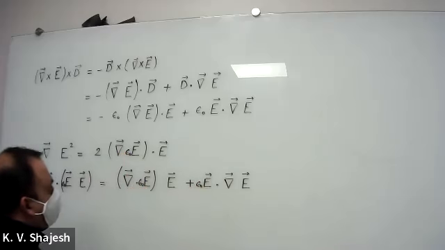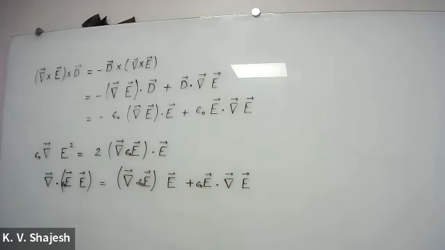So the two equations then tell me that divergence of D dotted with E. This is this equation being rewritten.